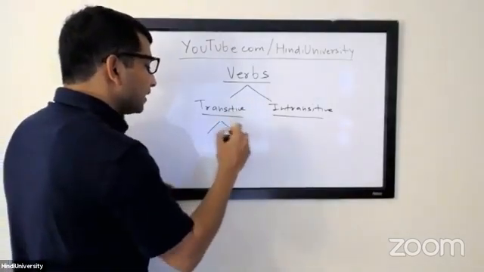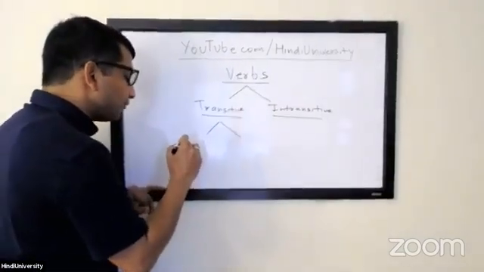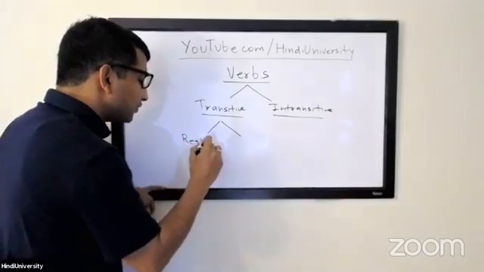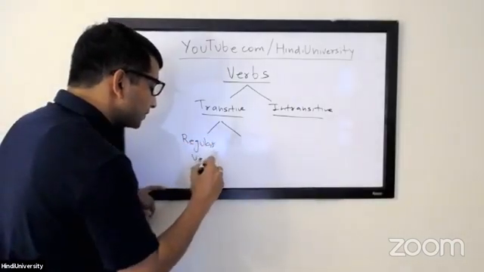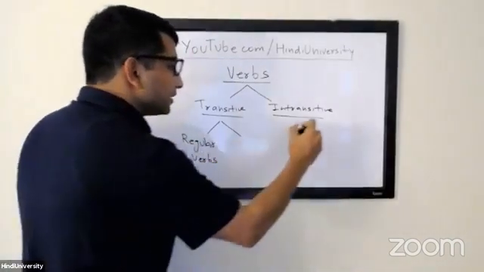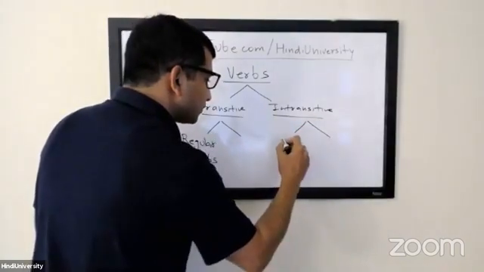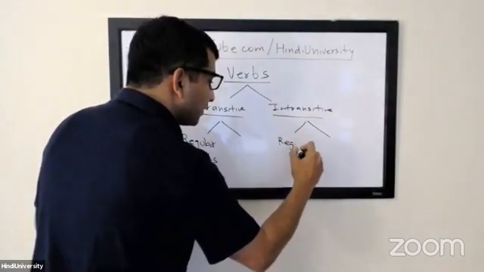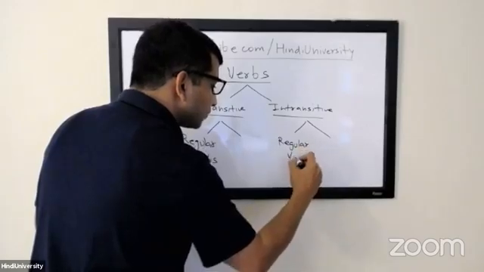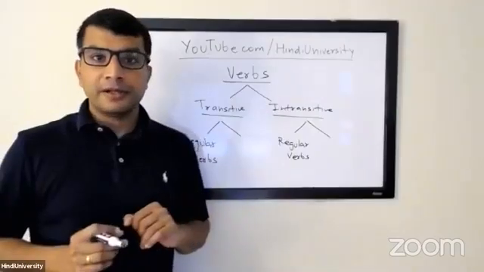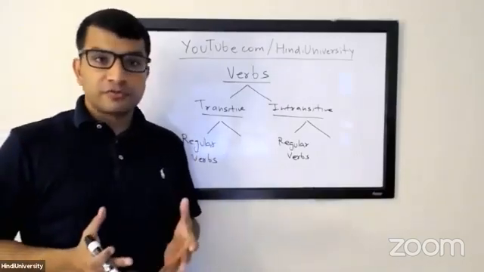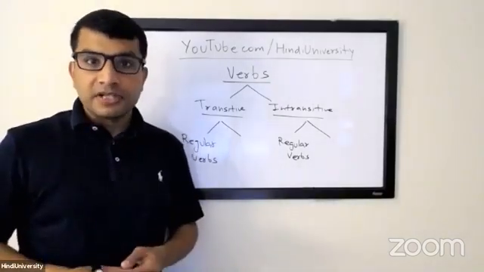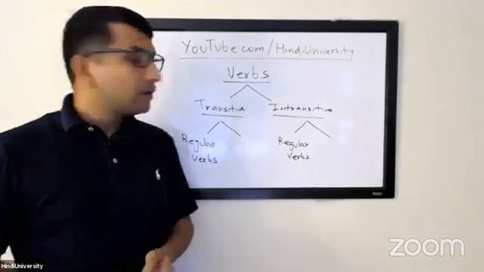Within that, in the last week, we discussed that for the most part, most of the verbs are regular verbs. And similarly, even in intransitive verbs, for the most part, all of them are regular verbs. They follow the verb conjugation rules, right? Even in English, most of the verbs, except about 300 verbs, are regular verbs.